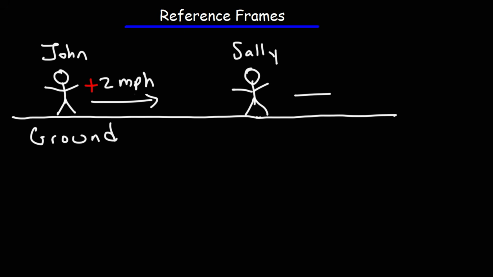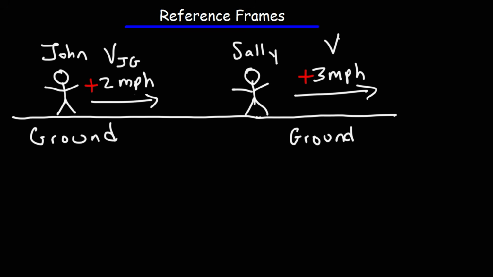And let's say that Sally is moving at a velocity of 3 miles per hour towards the right. And that's relative to the ground. So we'll call this VJG. That is John's velocity relative to the ground. And we'll call this VSG, Sally's velocity with respect to the ground.